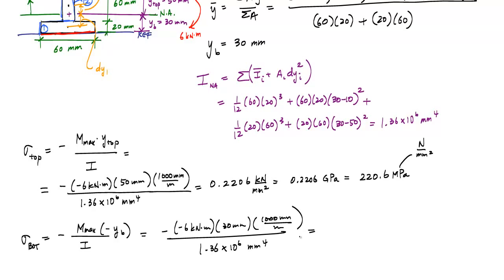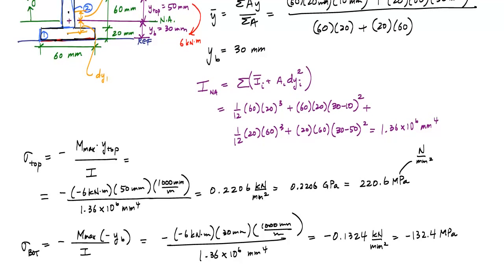If you calculate the stress, it is negative 0.1324 kilonewtons per millimeter squared, which is negative 132.4 megapascals. Now that we know the stresses at the top and bottom, we are ready to draw the stress profile, which we'll do next.